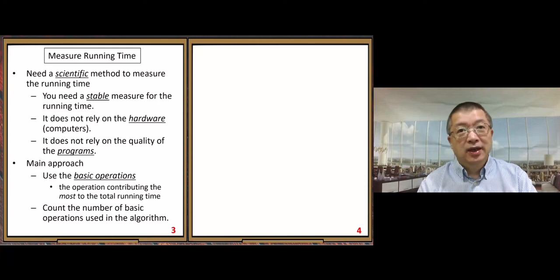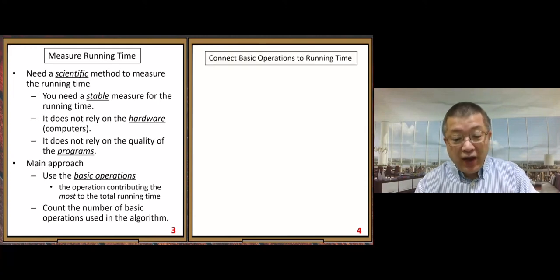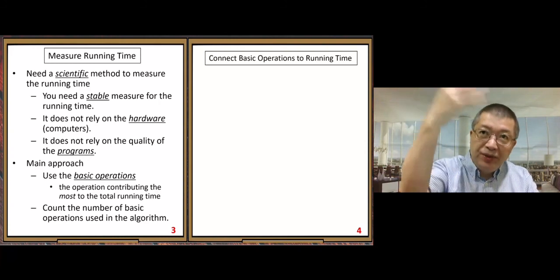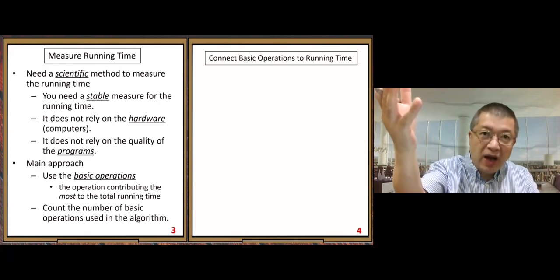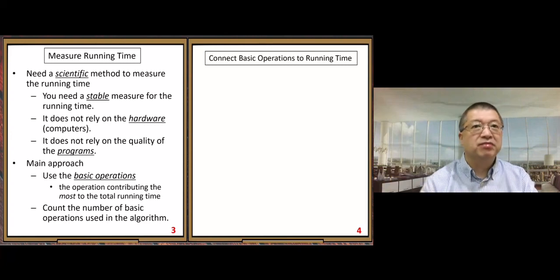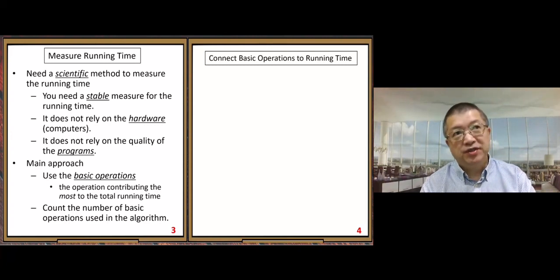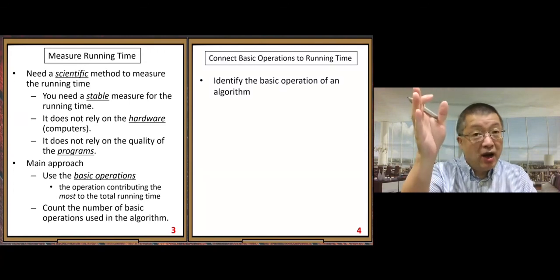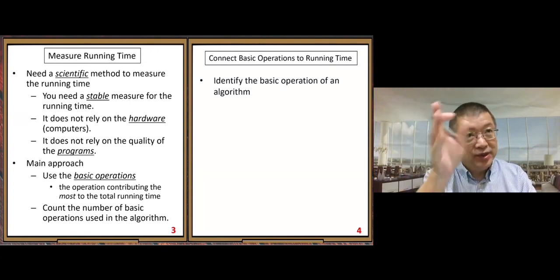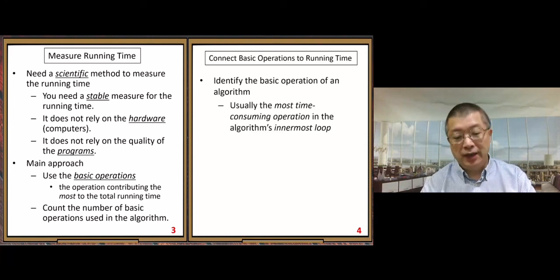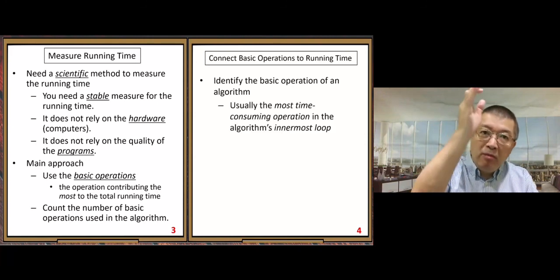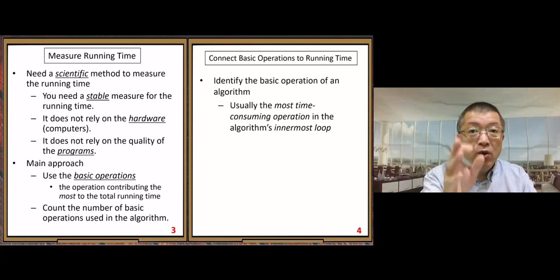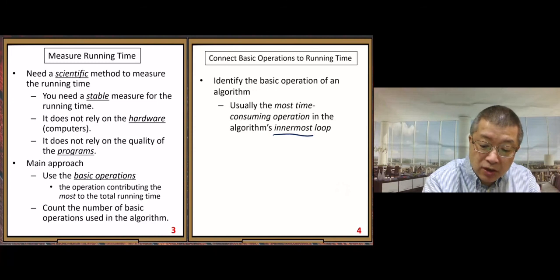Another thing: how do you identify basic operations? We need to fix that problem. Identify the basic operation of an algorithm. We use this criterion: usually, the most time-consuming operation in the algorithm's innermost loop.